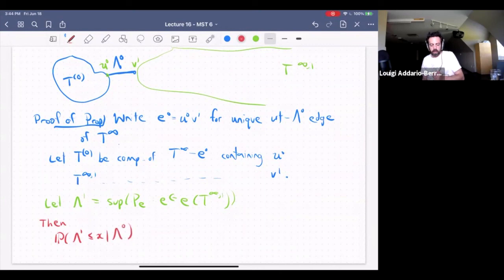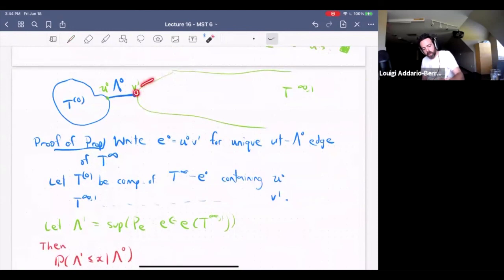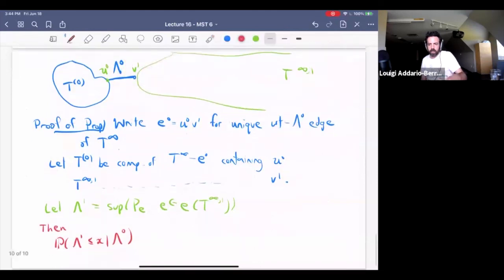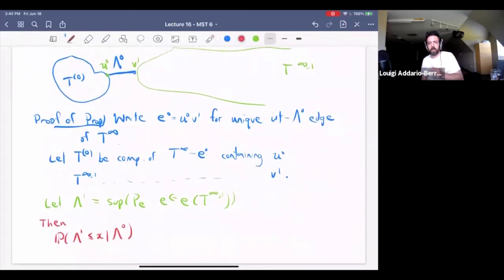We know you can explore infinitely far with edges of weight less than lambda naught, which just says that when you do percolation with parameter lambda naught on this tree, you see an infinite tree. Now we want to know how much you can lower the parameter and still get an infinite tree. So this is the same as the probability that the tree rooted at V1 percolates at parameter x, given that it percolates at parameter lambda naught.